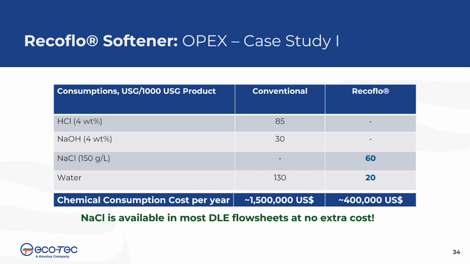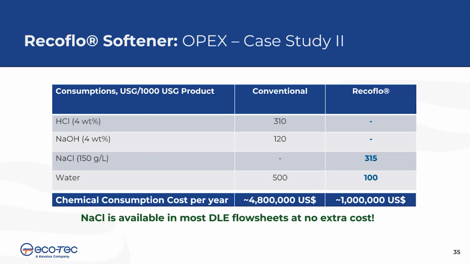In contrast, Recoflo uses 60 US gallons of sodium chloride with only 20 US gallons of water. The annual chemical consumption cost shown is about $1.5 million per year for conventional versus about $400,000 per year for the Recoflo softener. Keep in mind that using sodium chloride brine, which is often already available on site at no extra cost, simplifies the logistics and reduces the number of chemical interfaces in the plant as well.